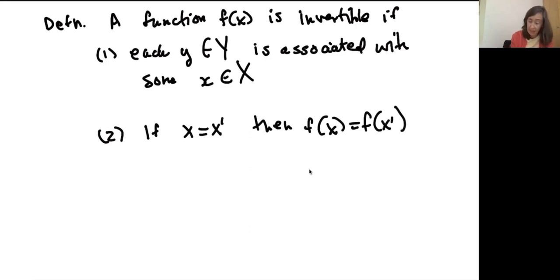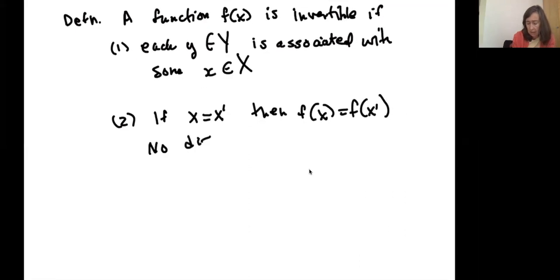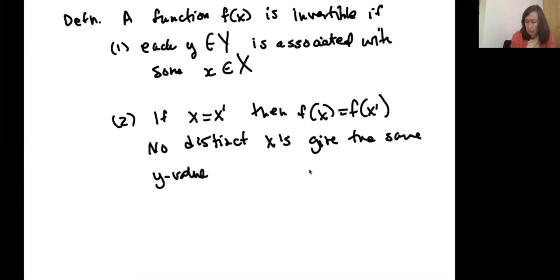Another way to say this in words would be no distinct x's give the same y value.